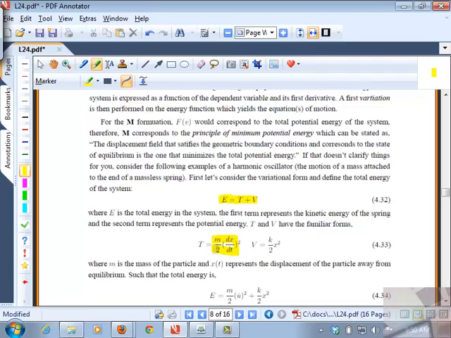And V is given by this. What could T represent? If x represents the position, dx dt represents the velocity. So that represents the kinetic energy, mass times v squared, and this represents the potential energy of the spring.